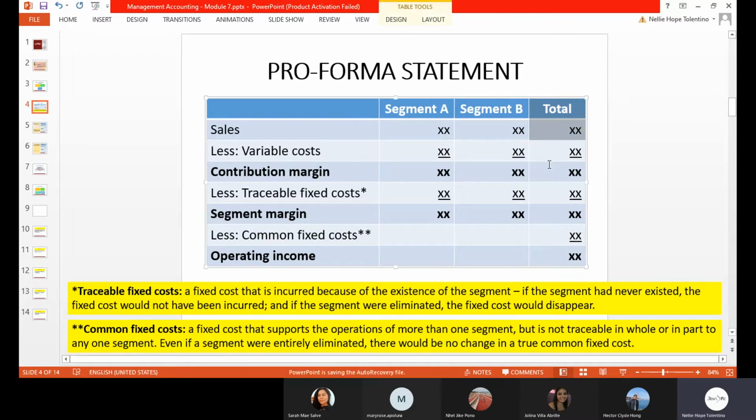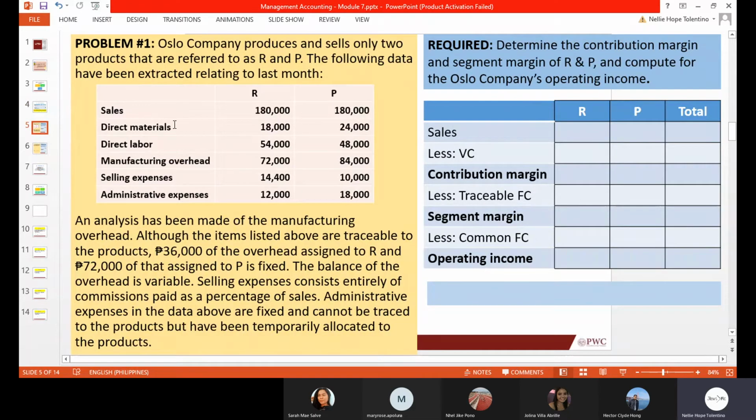Kasi itong column na to, this actually relates to the operations of the whole company. Ito, branch lang, segment lang. Ito lang yung sales ng segment A, pero kung i-add mo yan, yan na yung whole sales ng company.